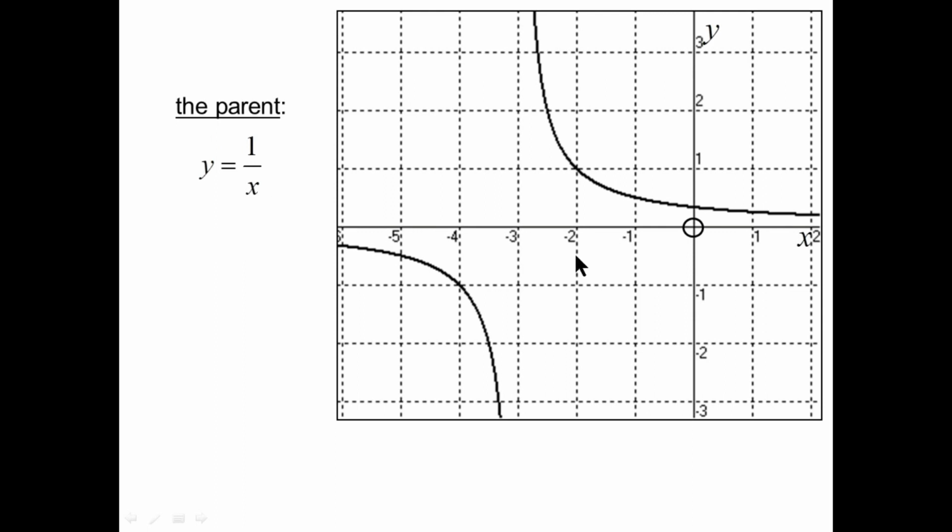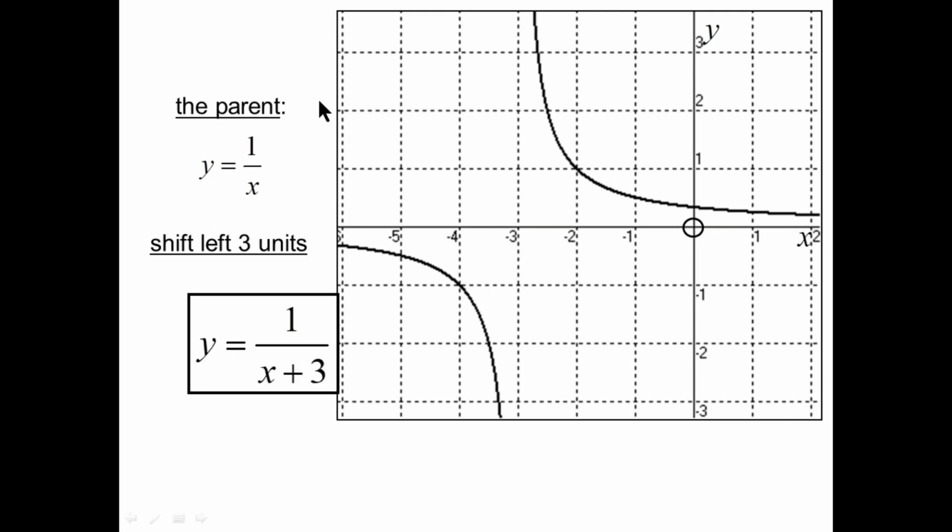So it's just this parent shifted to the left 3 units. At the input station, put an x plus 3. We don't need brackets here because this line functions as a set of brackets, the division line.